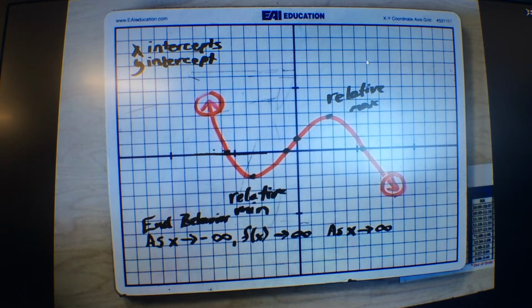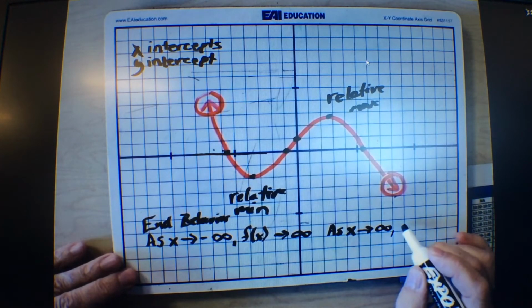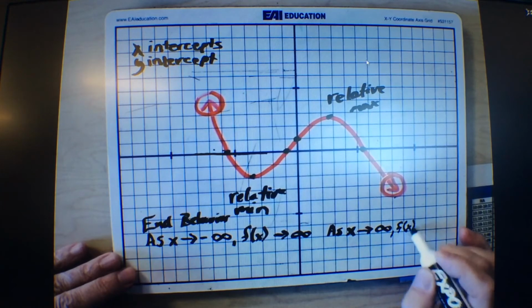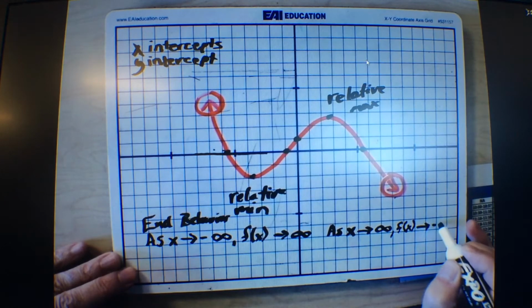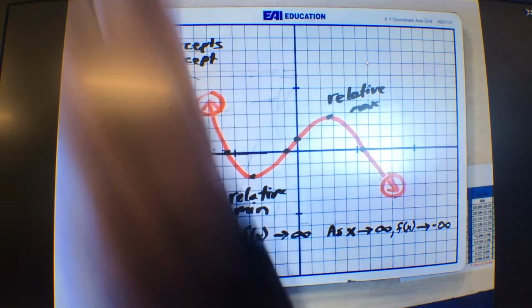It's just infinity, right? As we approach infinity, what does f of x do? It approaches negative infinity. Do you see that? Okay? Any questions about that? All right. So you don't have any questions? I'm going to erase. Okay?